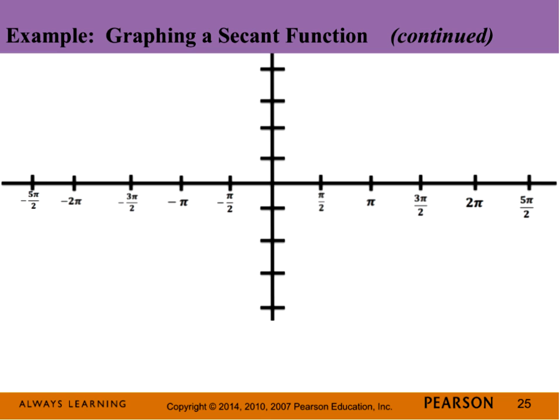Let me go ahead and just graph my cosine function here. I have the points 0, 2, pi over 4, 0, right here, pi over 2, negative 2, 3 pi over 4, 0, and pi, 2.